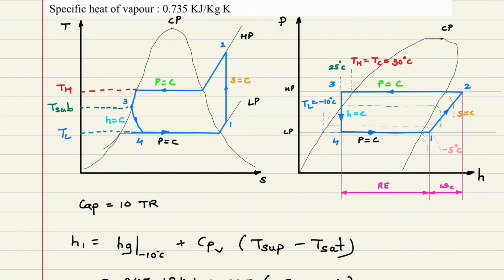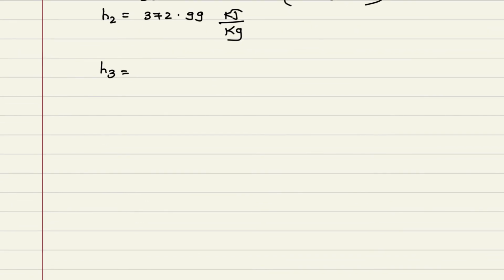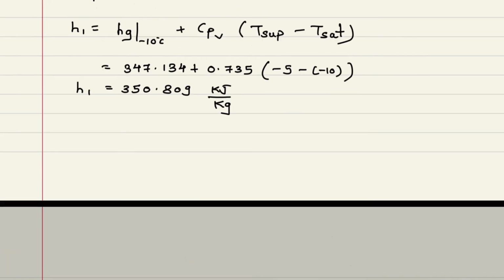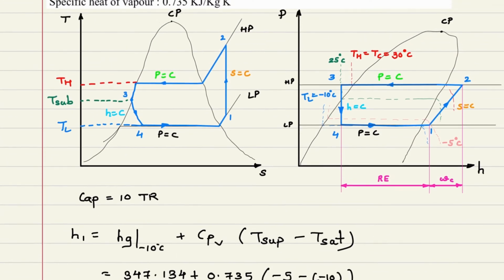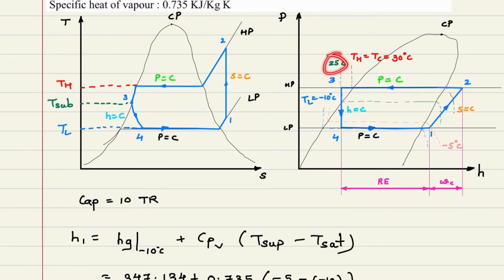So how to calculate enthalpy of point 3? Up to this point it is Hf. So this value will be Hf minus Cp of liquid into Tsat minus T sub. Okay, so I'll write down the equation. H3 is Hf. What is the saturation temperature? Okay, now here be careful. For point 3 here it is subcooling, its temperature is 25.